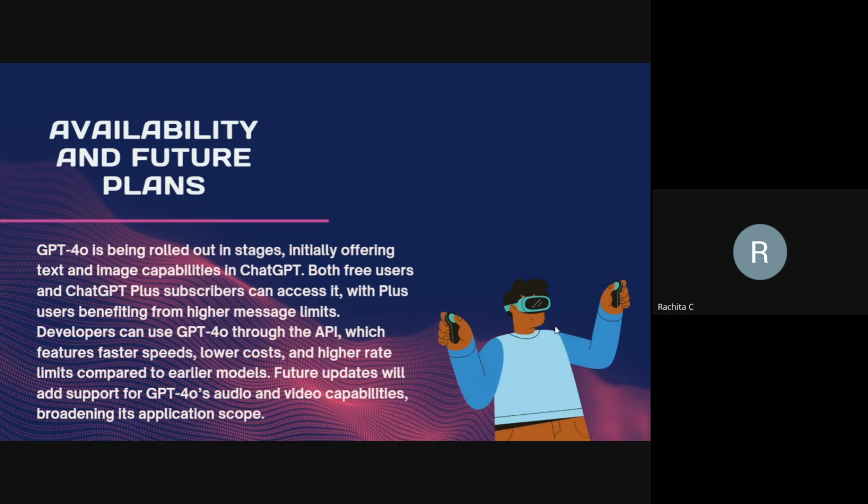And coming to the availability and the future plan. GPT-4o rolls out its features in stages. For now, we can use this freely, or we can subscribe to ChatGPT Plus and get the benefits from it. If I'm a developer, I can take this model ID and integrate it with the problem statement that I'm solving or the model that I'm building.